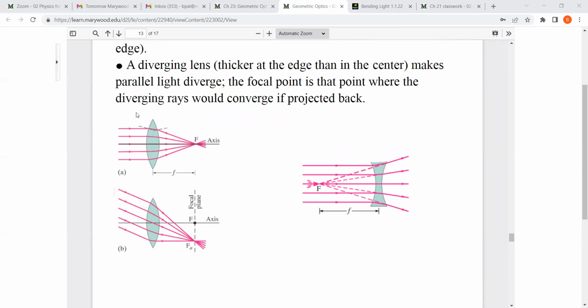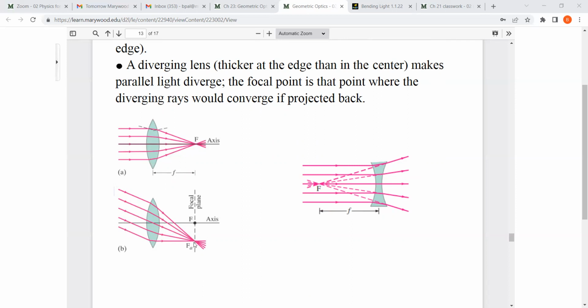So for the convex lens, the parallel rays are meeting at the focal point. If they are all parallel but not parallel to the principal axis, they will not meet exactly at the focal point, but in the plane of the focal point.